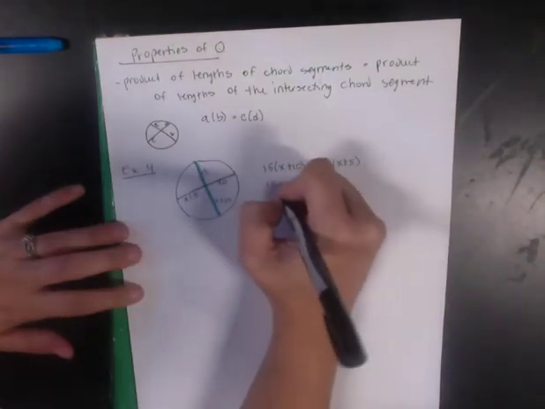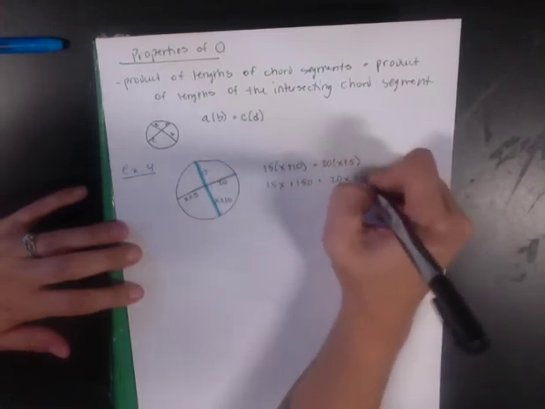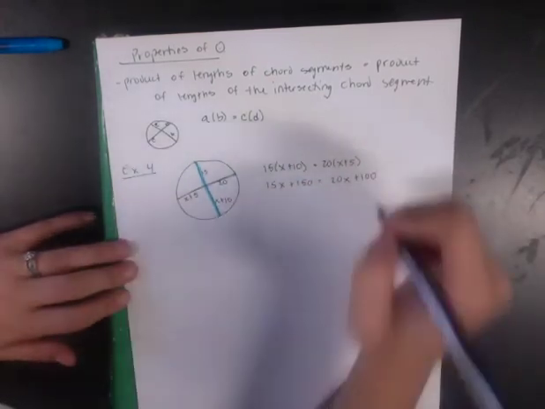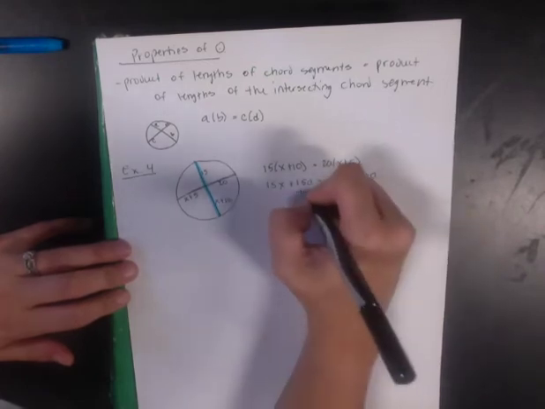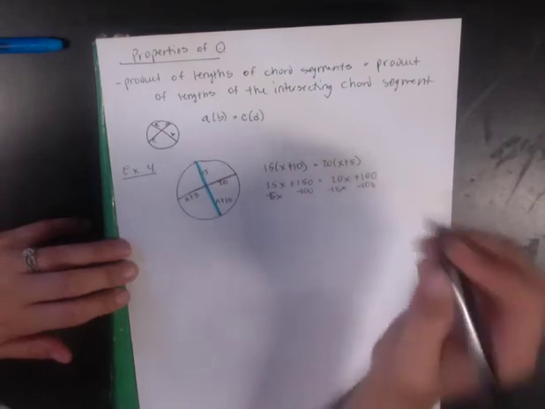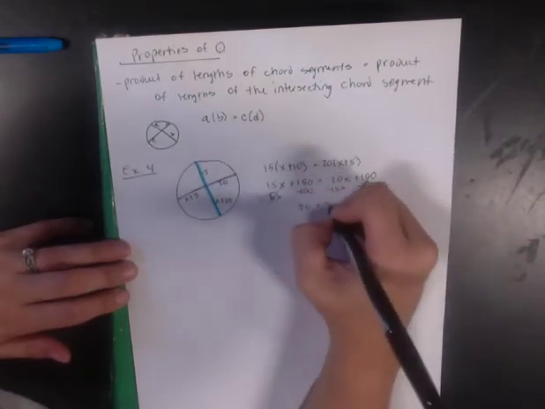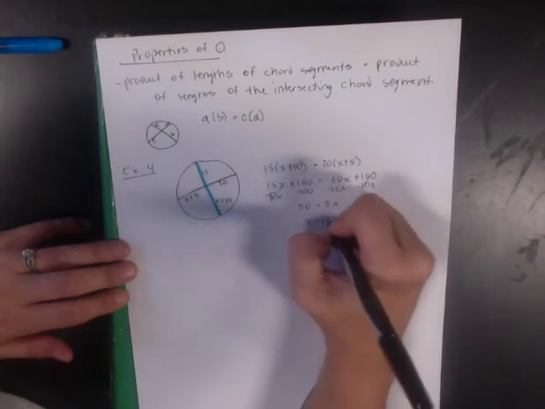So 15x plus 150 equals 20x plus 100. I'm going to subtract 100, and I'm going to subtract 15x, leaving me with 50 equals 5x, so x equals 10.